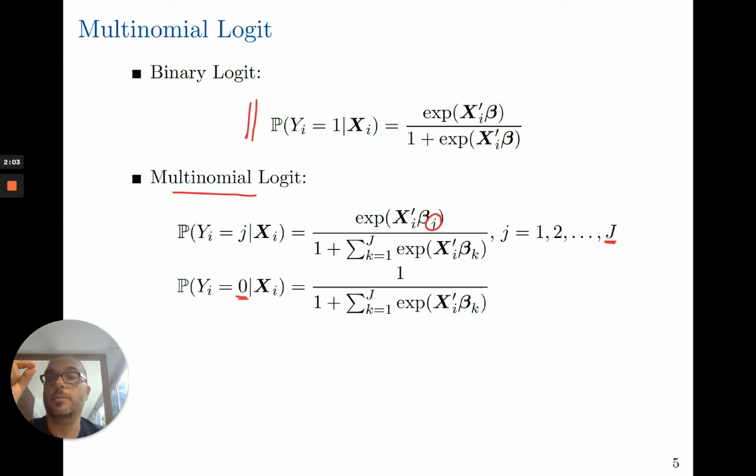And the baseline probability will be 1 minus all this term, which is equal to 1 over 1 plus the sum of the exponentials of x prime beta.